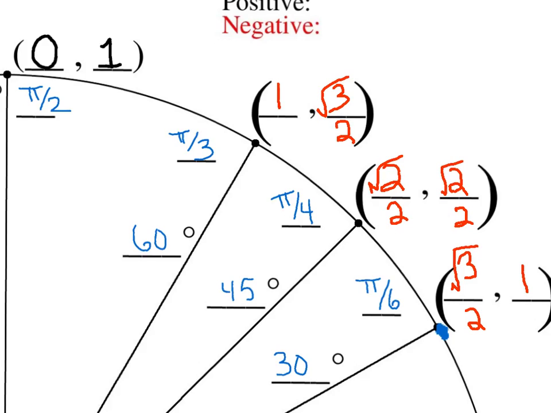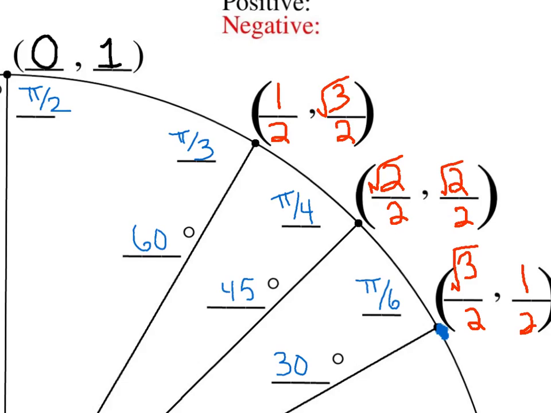The square root of 1 is just 1, so I really don't need the square root there. Then I can identify this ordered pair as the point square root of 3 over 2, and 1/2.